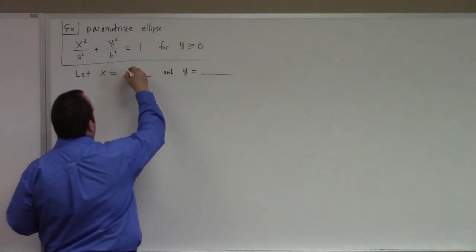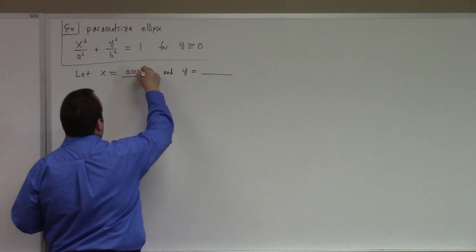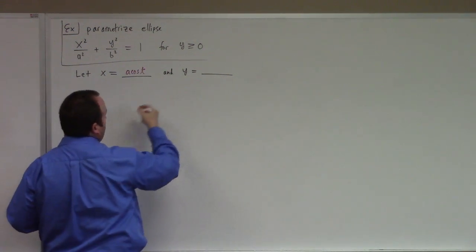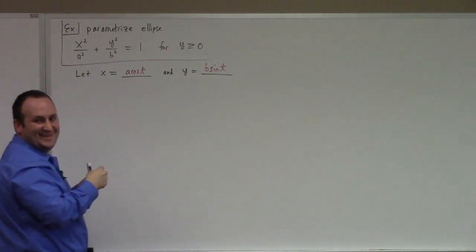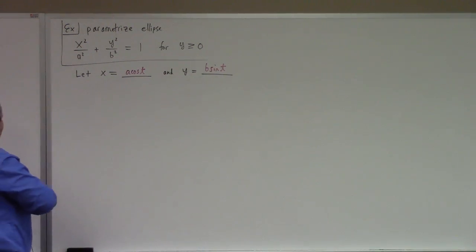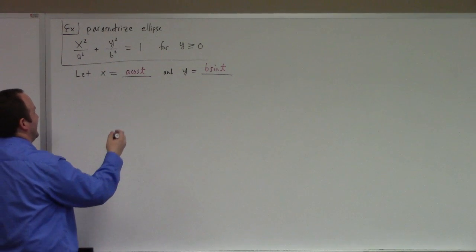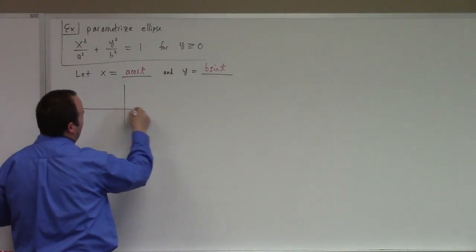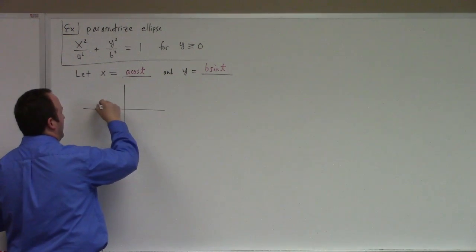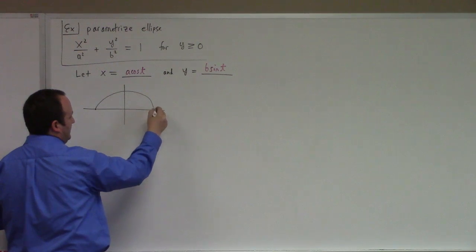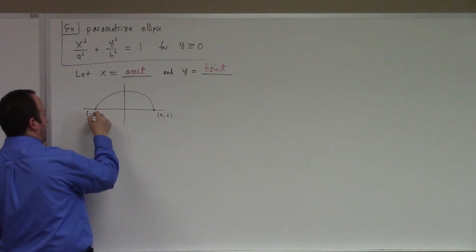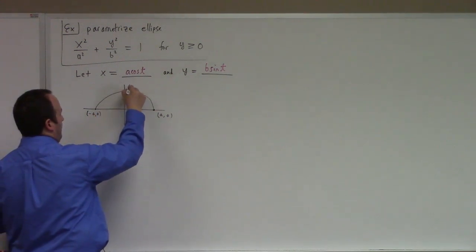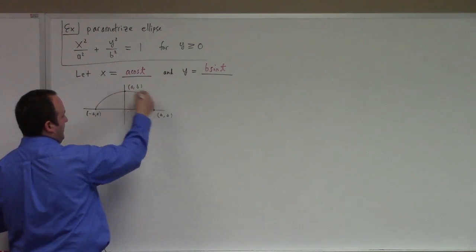So you let x equal a cosine t, and you let y equal b sine t. So we're just trying to get this part of the ellipse, right? We just want this part of the ellipse.